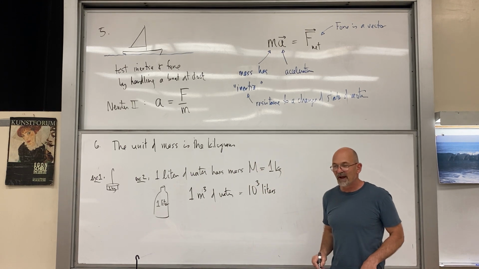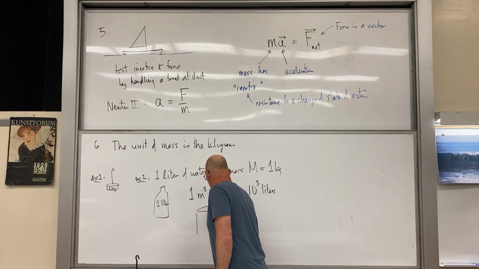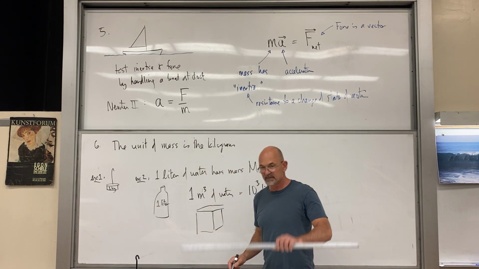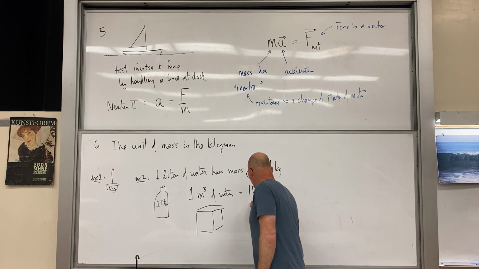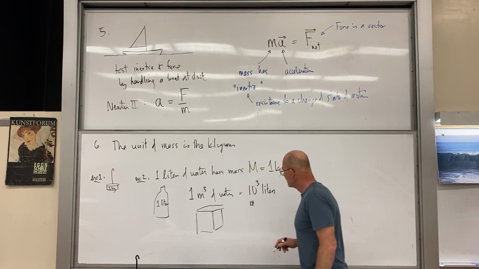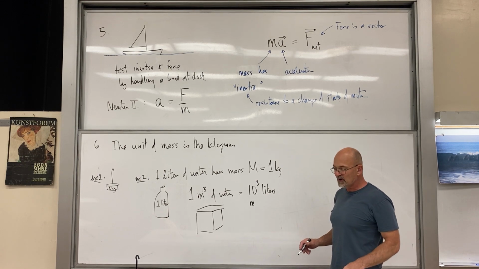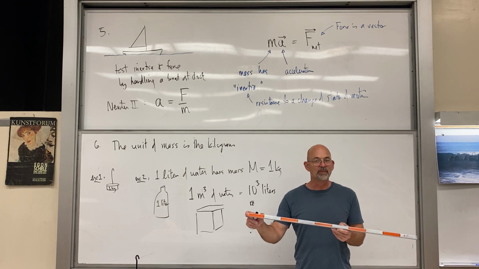So another way to get a liter, here's a cubic meter, and of course there's the meter stick. So it's 10 to the 3rd of these little cubes, which would be a liter cube. And since it's 10 to the 3rd, it's 1/10 of a meter cubed.